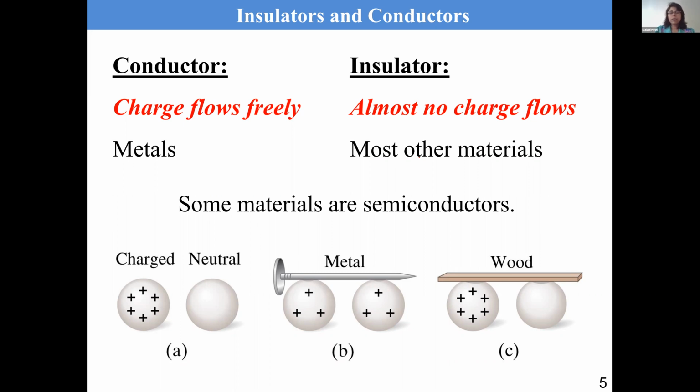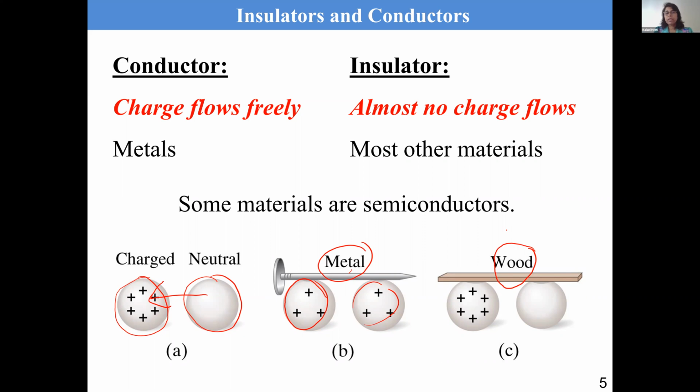A simple example: if you have a charged object and a neutral object, and you connect these two objects with metal, then some of the particles will move from one to the other, and both are going to be charged. That is called conduction. And if I use wood or plastic, then nothing will happen. It will stay the same. So wood is an insulator, metal is a conductor.